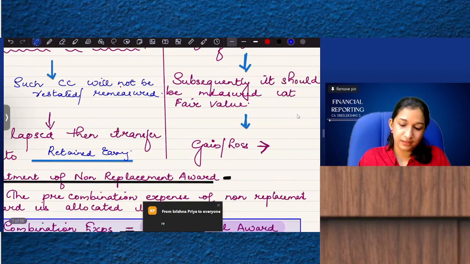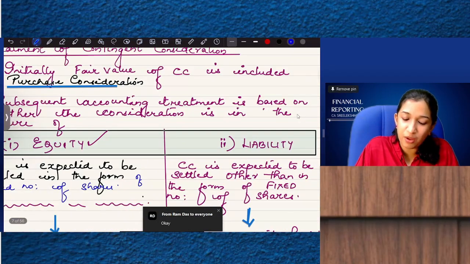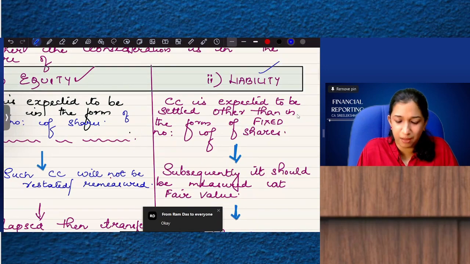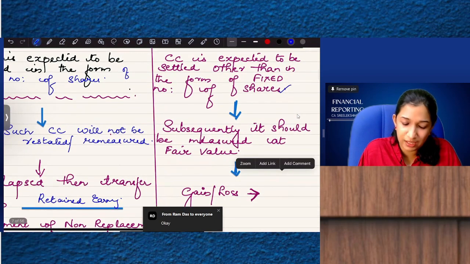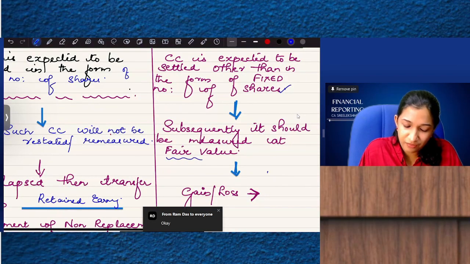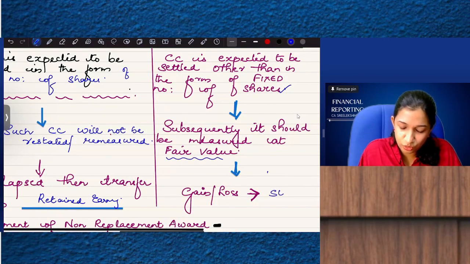Liability reclassification is to P&L. Then if the contingent consideration is in the form of a liability, not in the form of a fixed number of shares, subsequently it should be measured at fair value, with gain or loss to the statement of P&L.